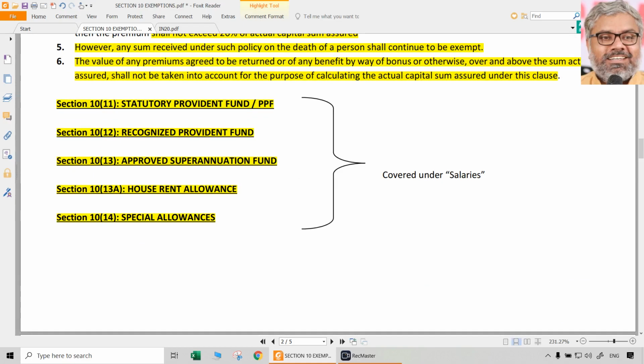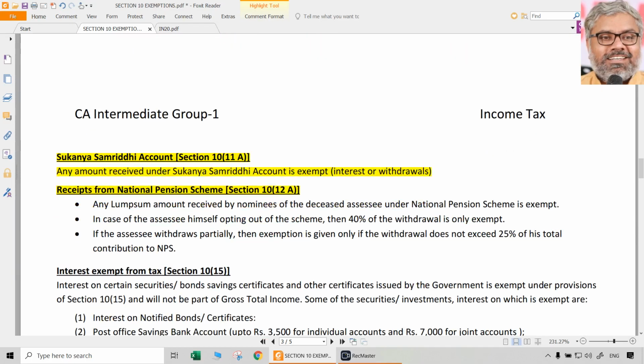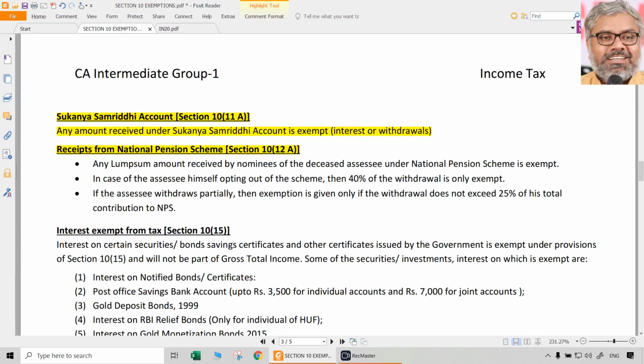Exemption is given under 10(11), 10(12), 10(13) about receipts from statutory provident fund or public provident fund or recognized provident fund or approved superannuation fund. So that is the exemption concept itself. So when we look at National Pension Scheme also, it is the receipts that will be exempt. So any lump sum payment received by the nominees of a deceased assessee under the National Pension Scheme is fully exempt.